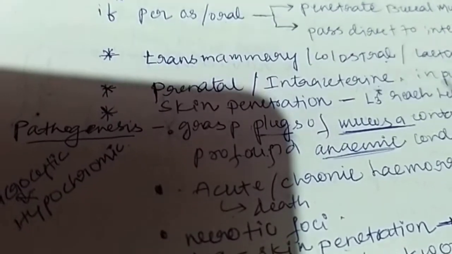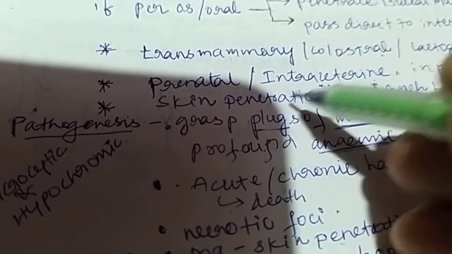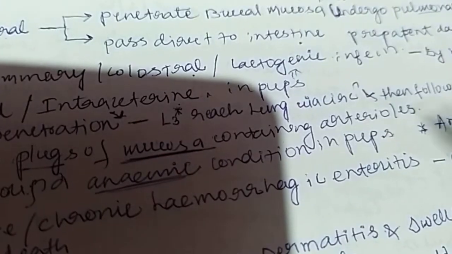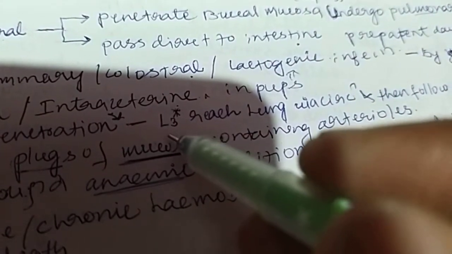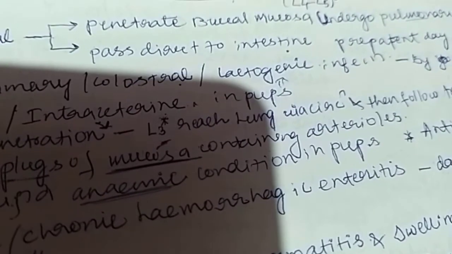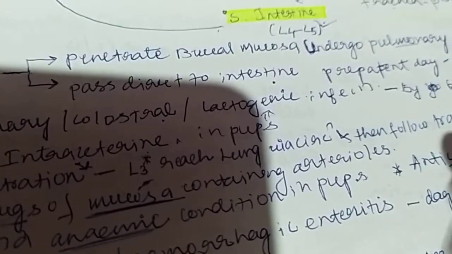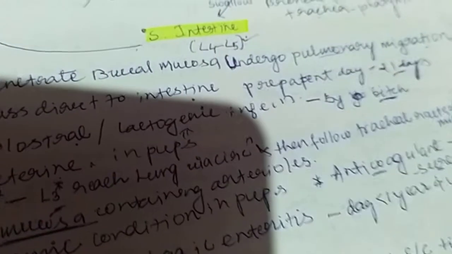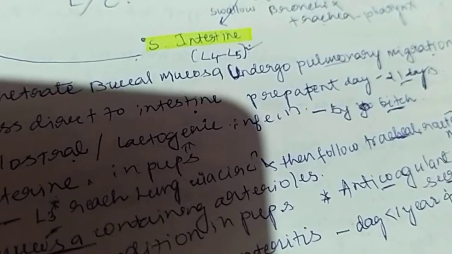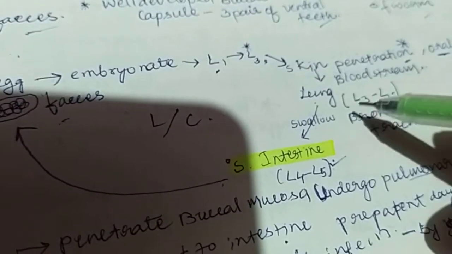Now the last and the most important route is skin penetration, and the L3 larva penetrating the skin will reach the lung via circulation, then again it will follow the tracheal route of migration. As we already discussed above, this is the tracheal route of migration.